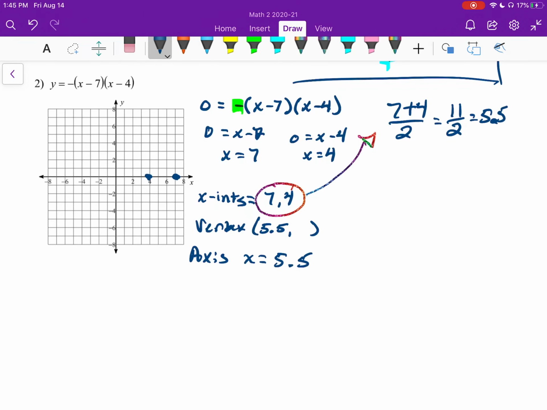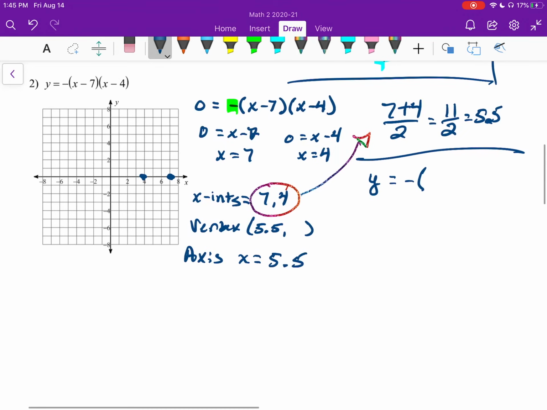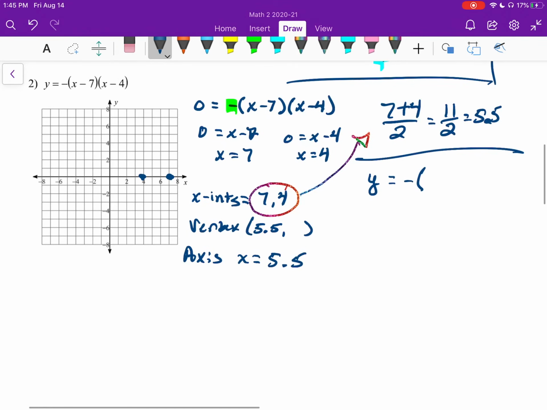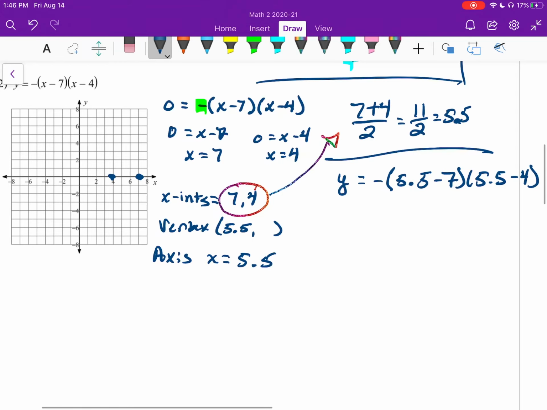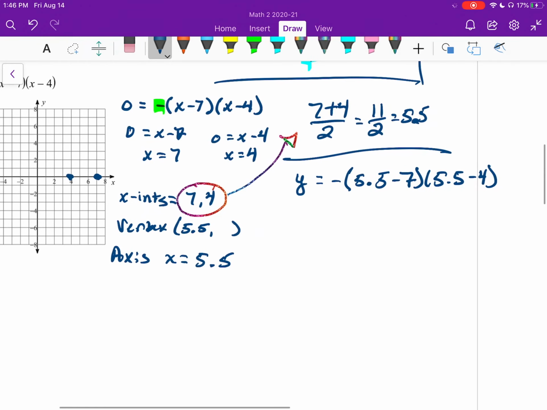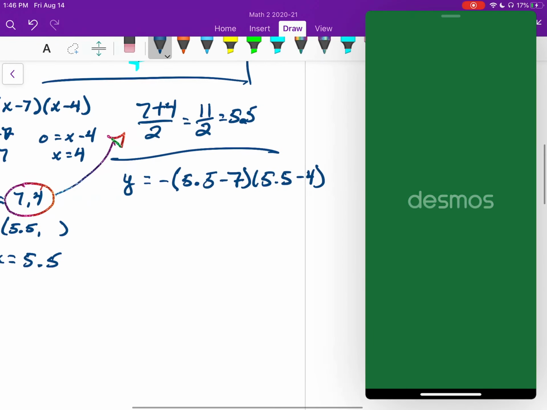To find the other half of our vertex, I'm going to have to plug into that equation. So we've got y equals negative parenthesis 5.5 minus 7, 5.5 minus 4. I'm going to see if I can just type this whole thing in my calculator.